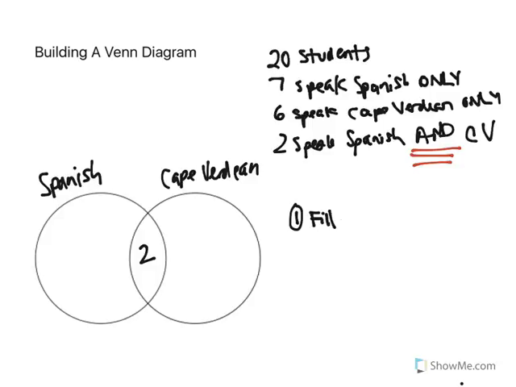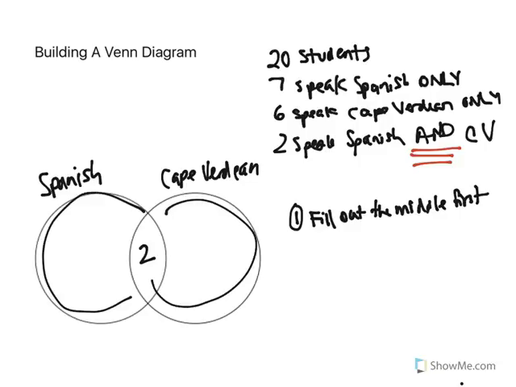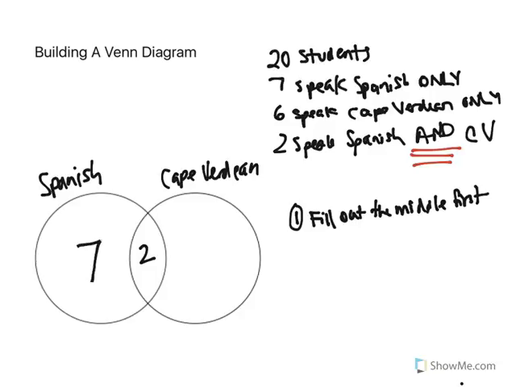So I'm going to write the steps over here. Okay, then we want to fill out the circle over here and the circle over here. So on the Spanish side, it says 7 students speak Spanish only, and 6 students speak Cape Verdean only.